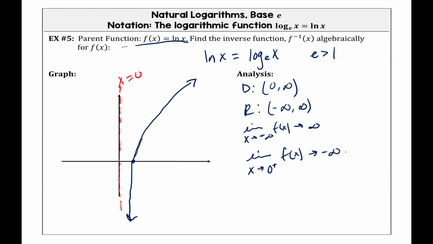It's going to negative infinity. And because of these actions, what type of concavity do I have? It is concave down, and that's because my rate of change is decreasing.